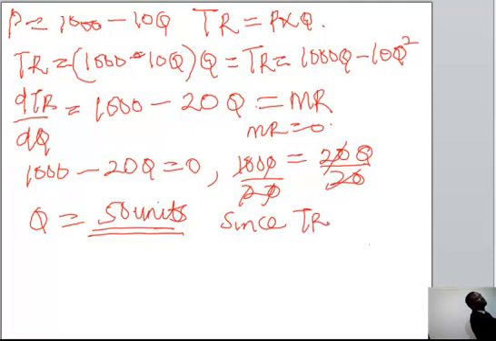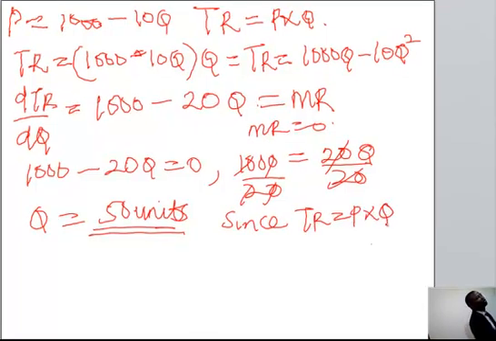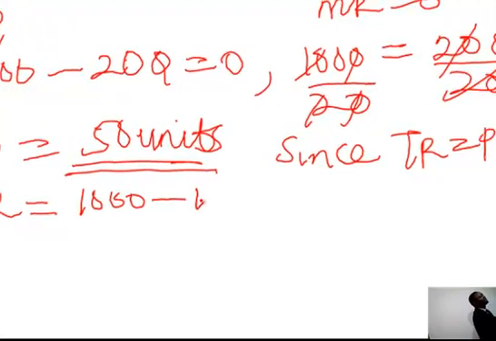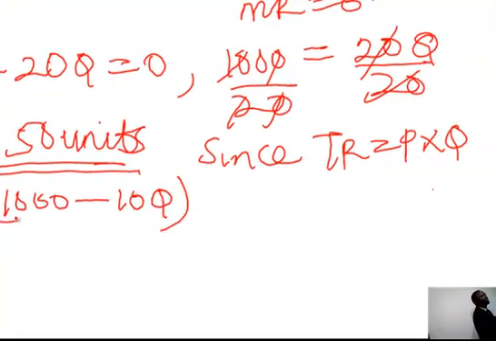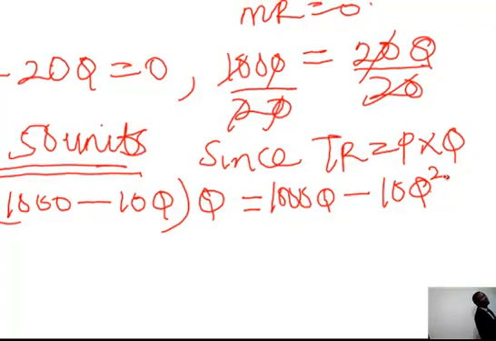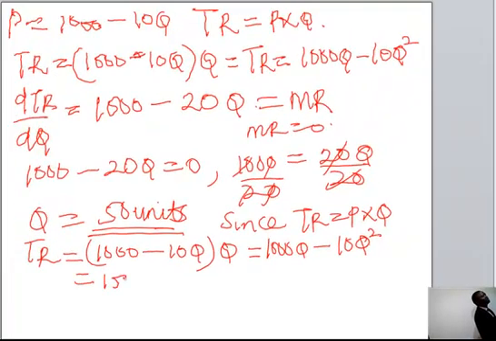Since total revenue is equal to price times quantity, our total revenue will now be equal to 1000 minus 10Q in bracket Q. So if we open the bracket, we have 1000Q minus 10Q squared. So substituting this 50 into this total revenue, we have 1000 times 50 minus 10 times 50 squared.